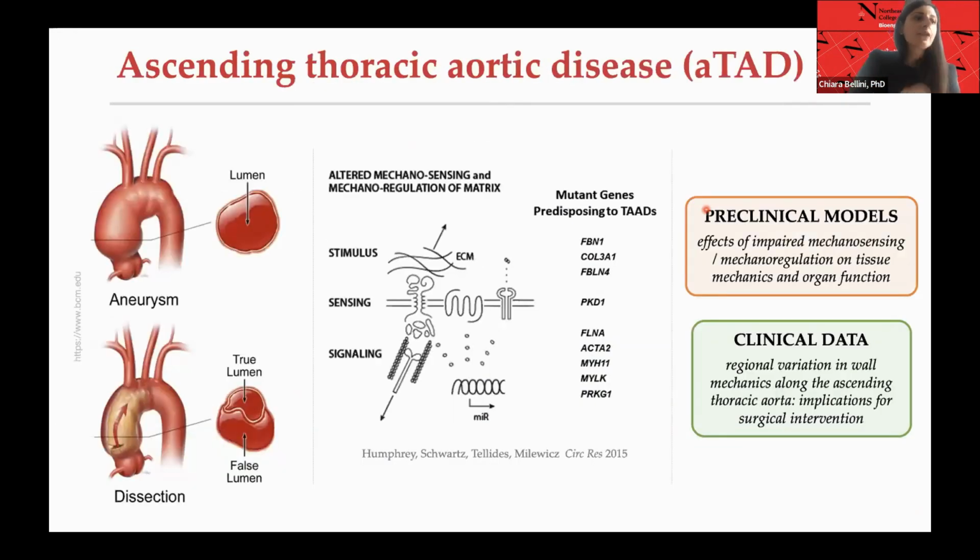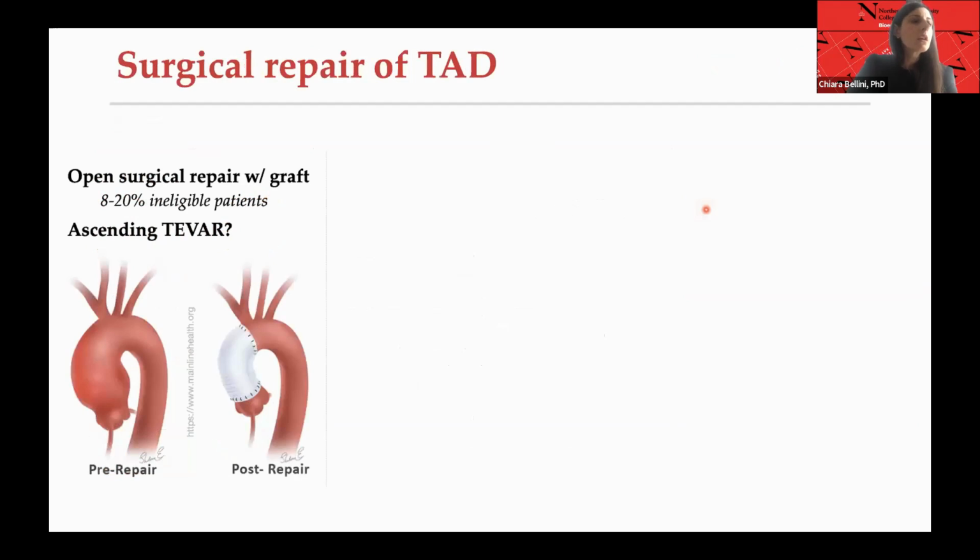I will now move on to the second part of my talk to discuss the regional variation in wall mechanics along the ascending aorta in patients with ascending aortic aneurysm. Although anti-hypertensive treatment may help reduce aneurysm growth, the conventional treatment of ascending aortic aneurysm or dissection remains open repair.